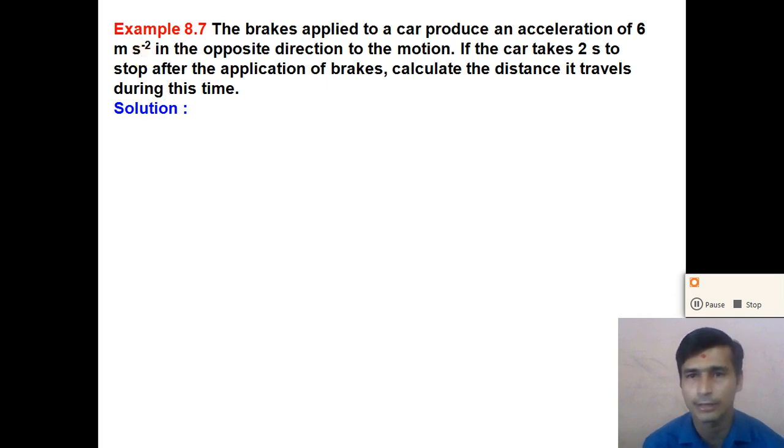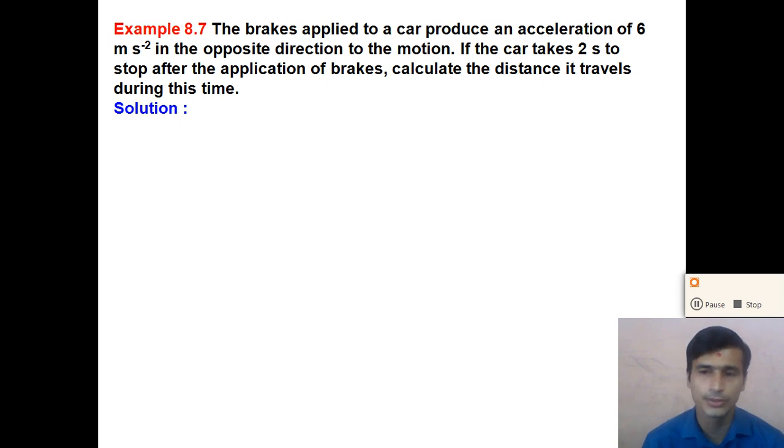So the velocity of the car is reducing, right? If the car takes 2 seconds to stop after the application of the brake, calculate the distance it travels during this time. So if the car stops after 2 seconds, the time is given to you here, 2 seconds. Calculate the distance traveled by the object after applying a brake.